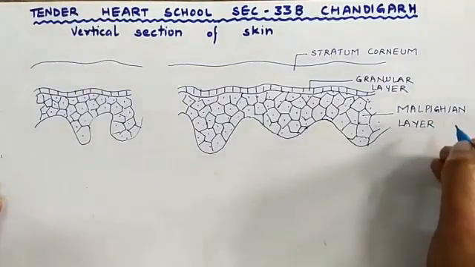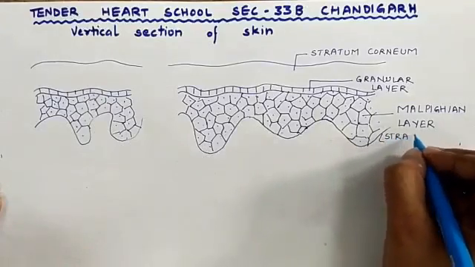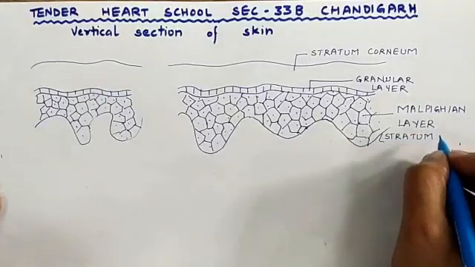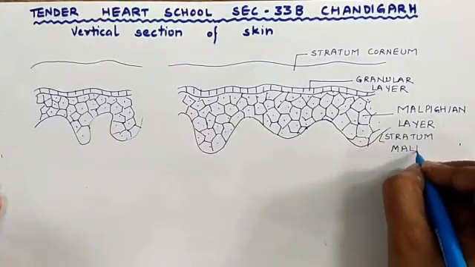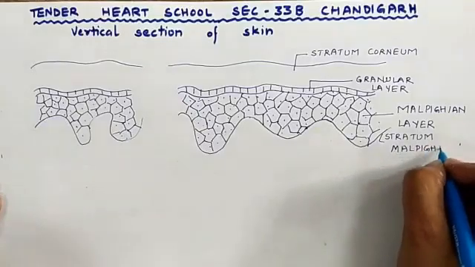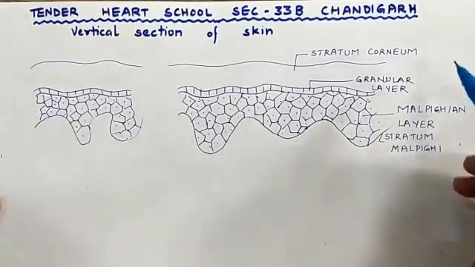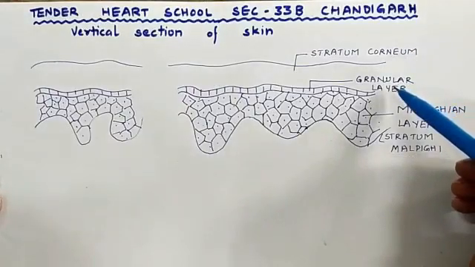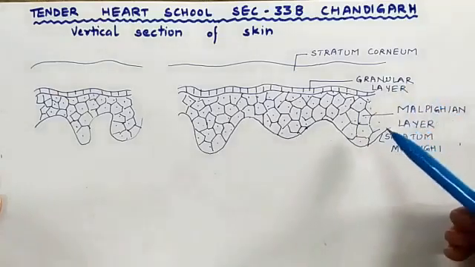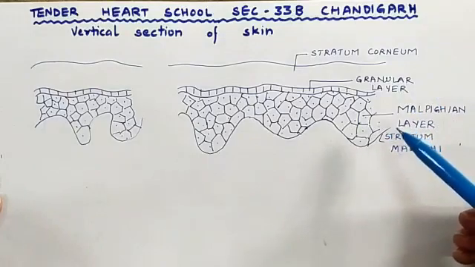Right? Okay, these are the three layers of epidermis. Outermost layer is stratum corneum, middle layer is the granular layer, which is not much thick, and the innermost layer of the epidermis is the Malpighian layer.